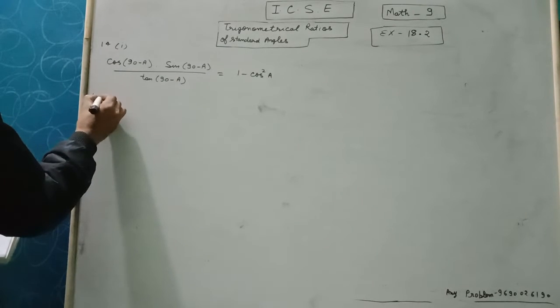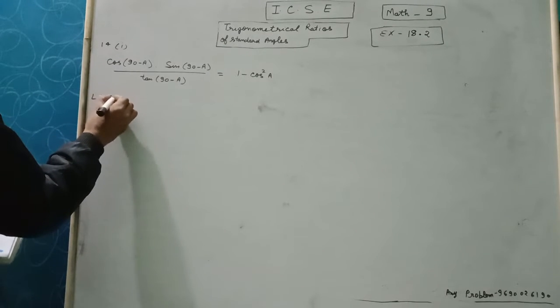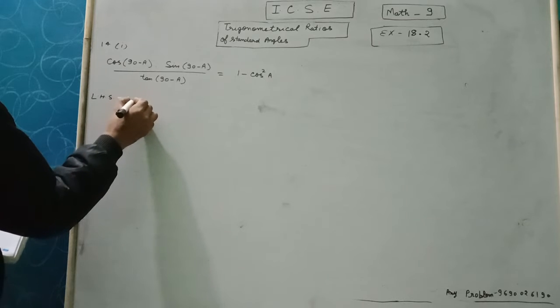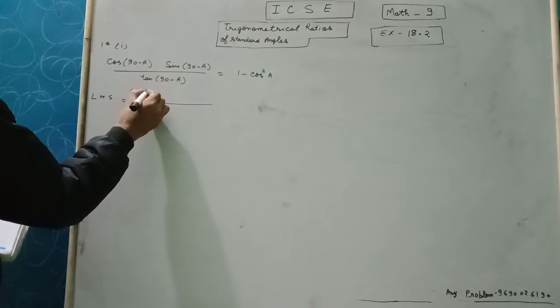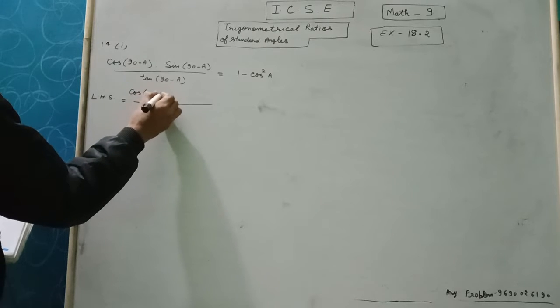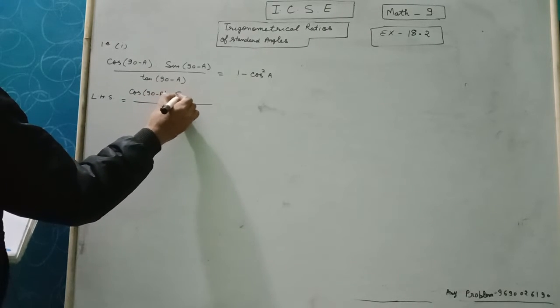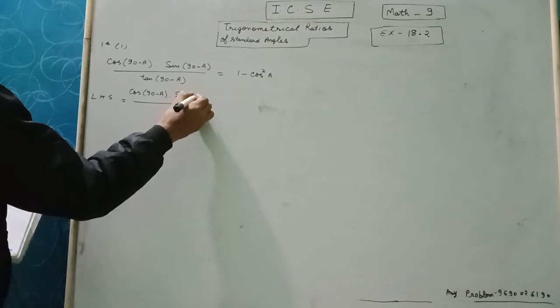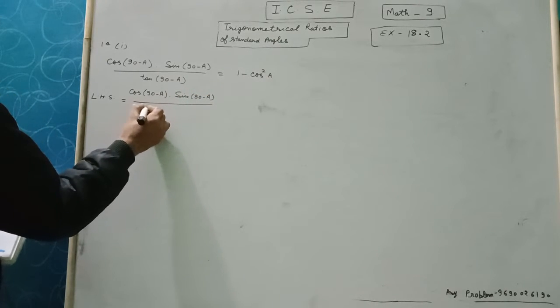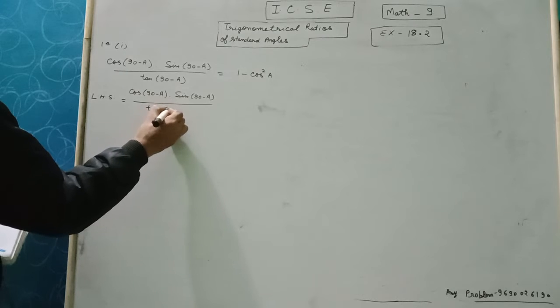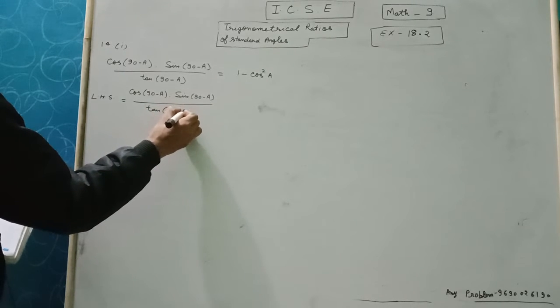Taking the LHS: cos(90 minus a) into sin(90 minus a) upon tan(90 minus a).